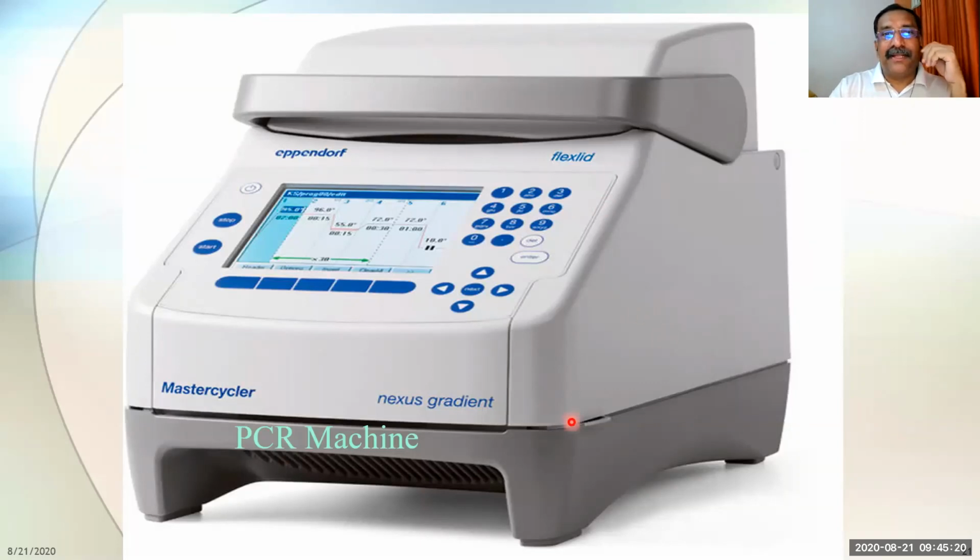Very good. Number 3, 4 types of nucleotides. Number 4, the Taq polymerase enzyme. Requirement is over.